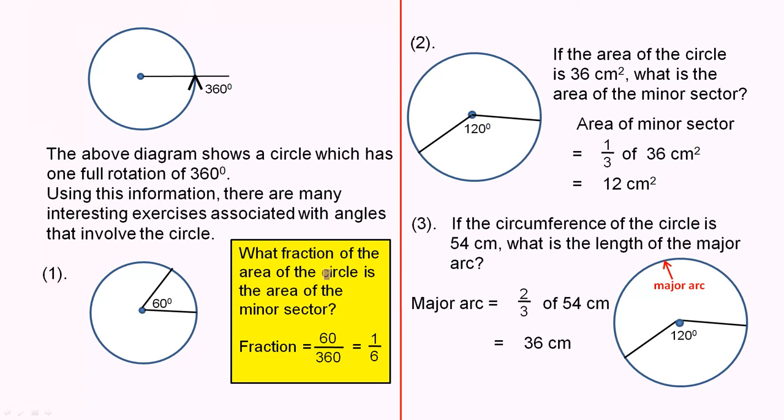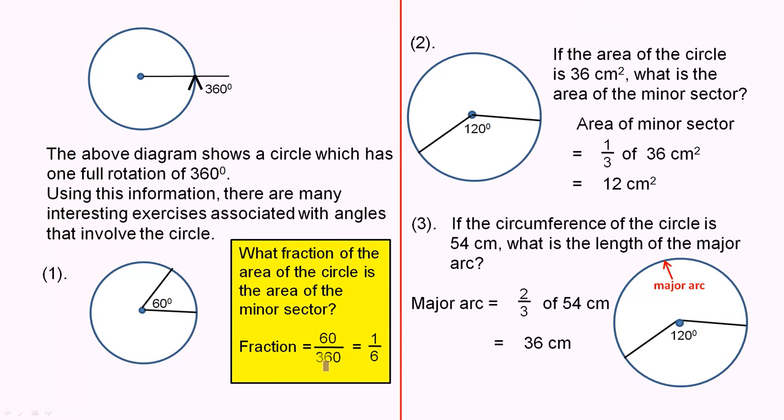What fraction of the area of the circle is the area of the minor sector? Here is a sector where the angle is 60 degrees, so this is a small sector and that's why it's called the minor sector. That one there is the major sector. Because that's 60 degrees, the fraction of the full circle is 60 over 360.